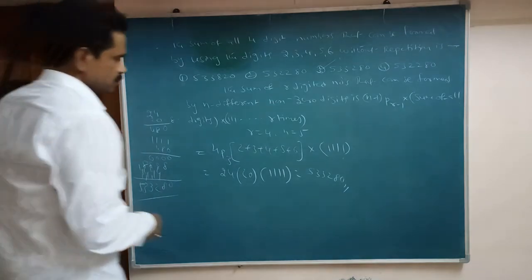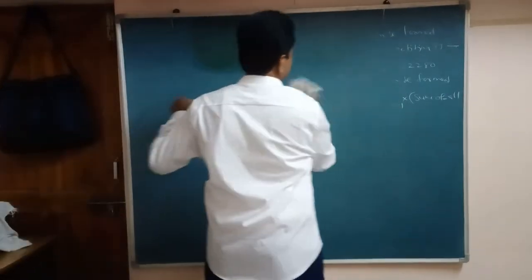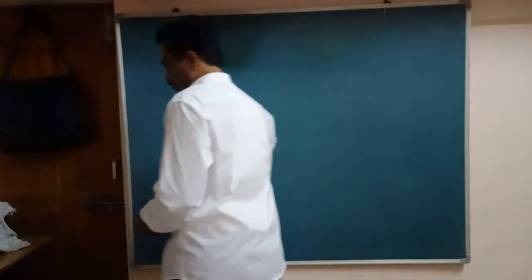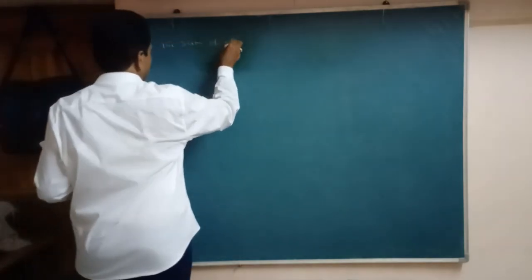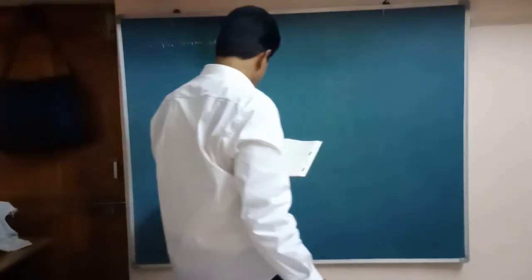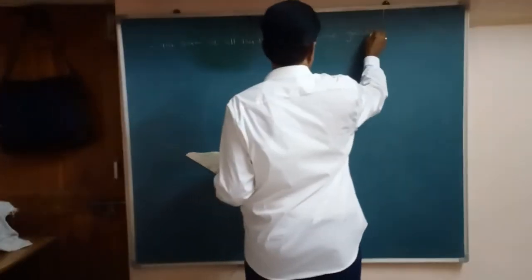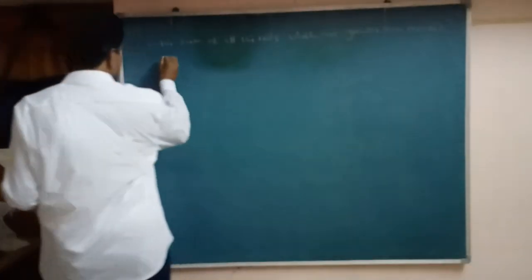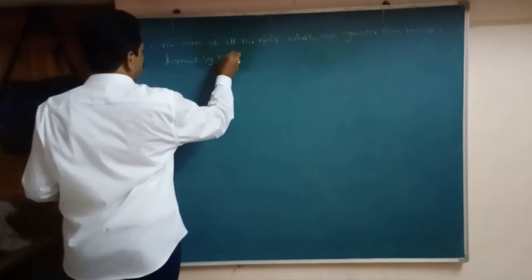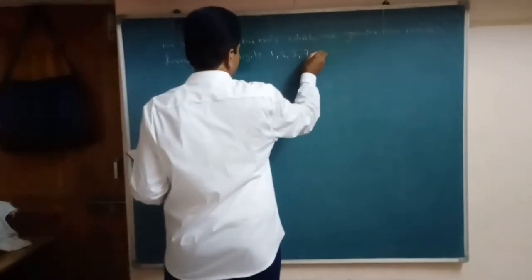Next one. The sum of all the numbers which are greater than 10,000, formed by the digits 1 3 5 7 9, is.